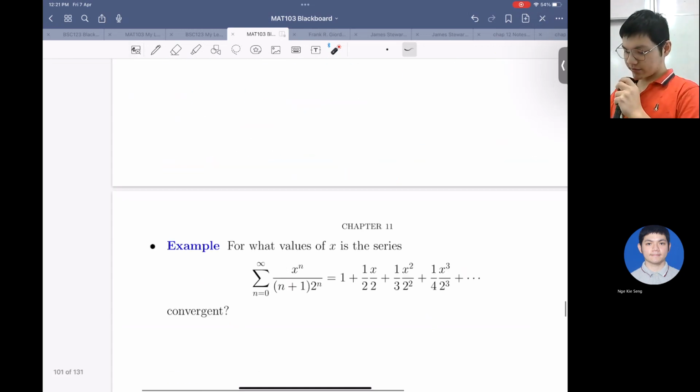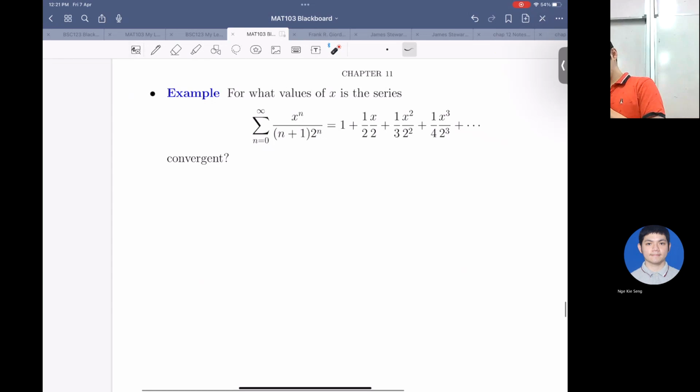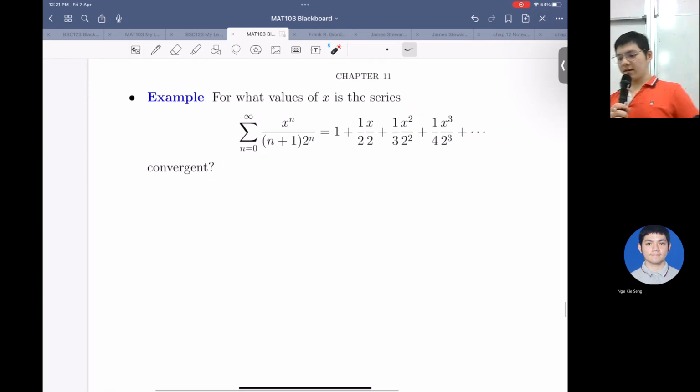Next, how about this one? For what values is this series convergent? So how do we check whether this series converges? What test are you going to use? Ratio test, because top and bottom increase, there's a degree of difference.